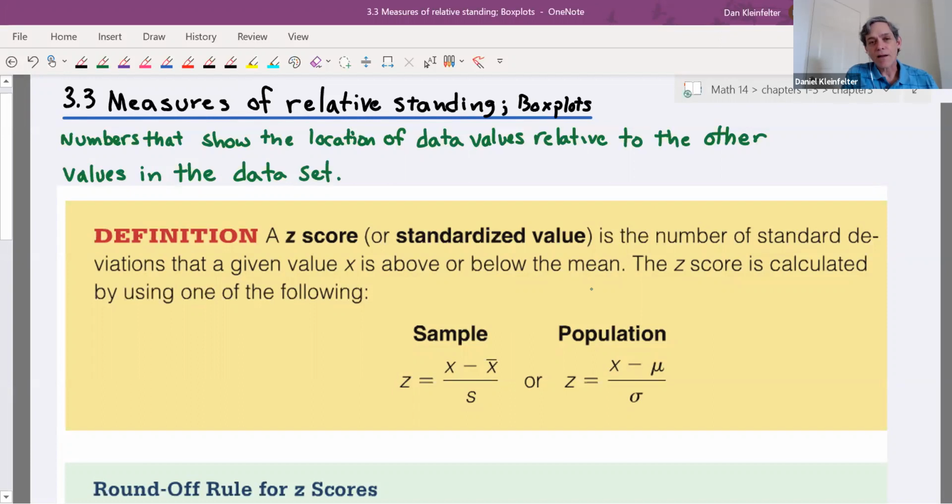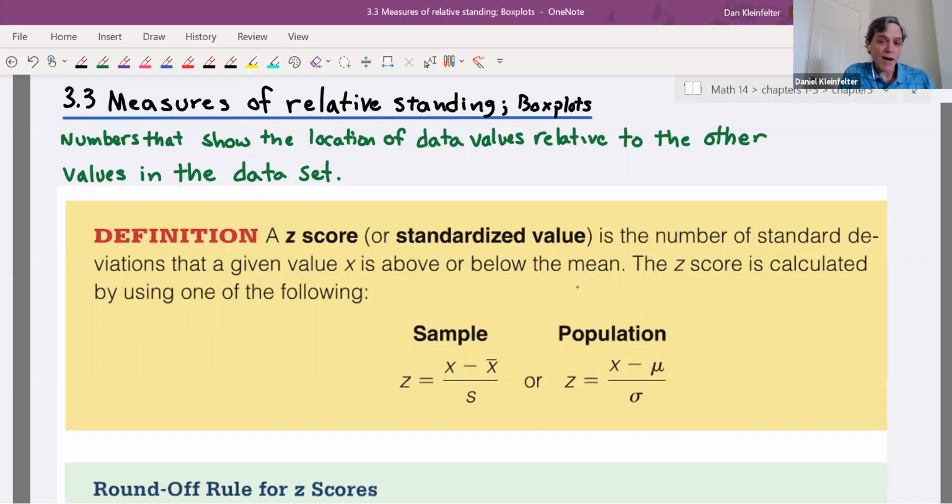So we can think about a value being above the average or below the average. Okay, let's say that you scored an 83 on a test. Well, is that good or is it not as good? It sounds like a B. If the average is 80, then that says a different picture than if the average was 70, right? So knowing the distance from the mean is helpful in some way.